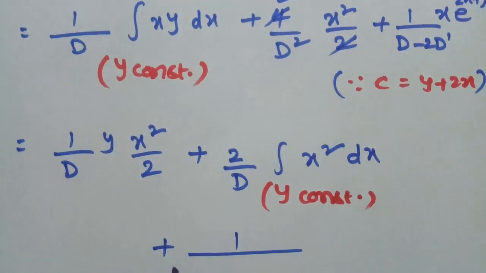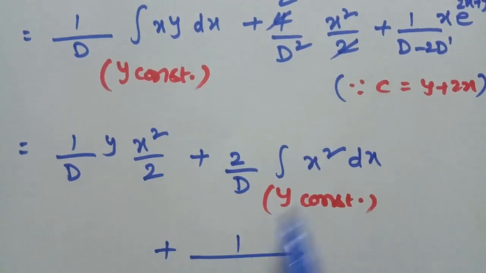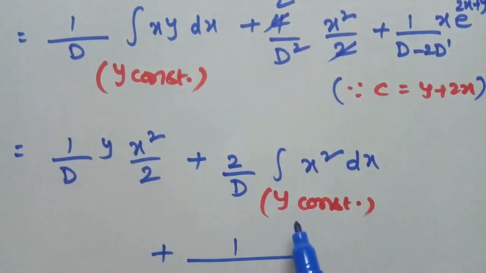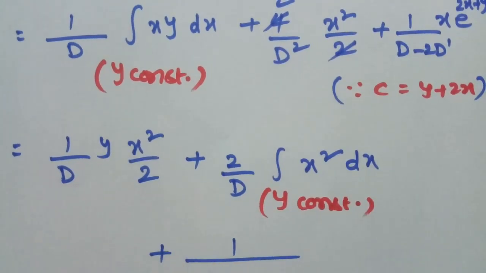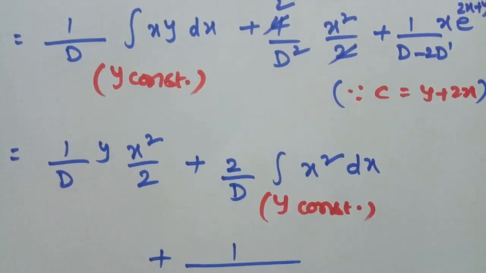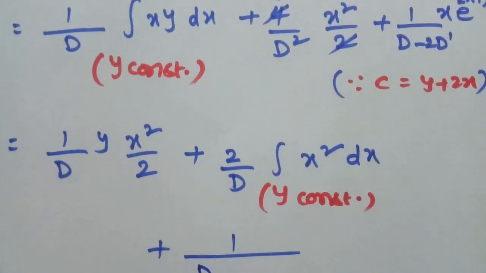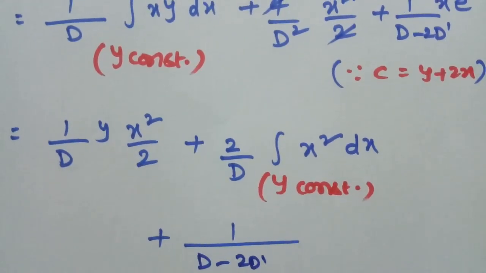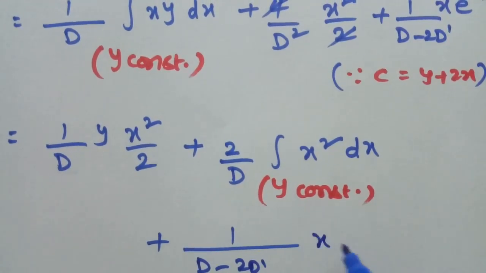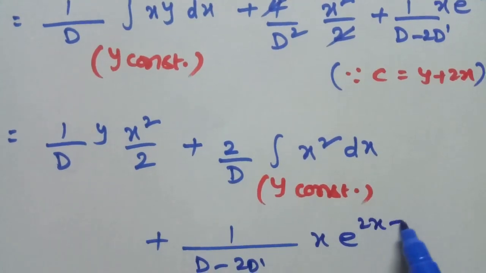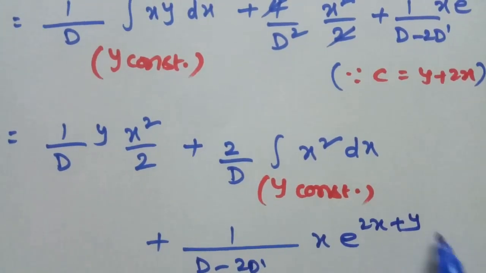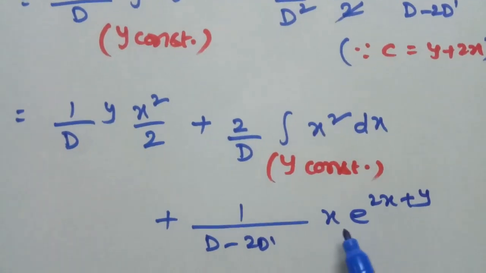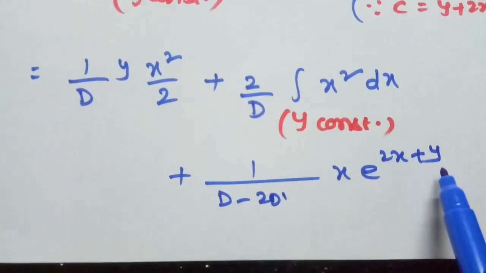Therefore again this can be written as integration of x into e power 2x plus y. Here f of x comma y is equal to x into e power 2x plus y.